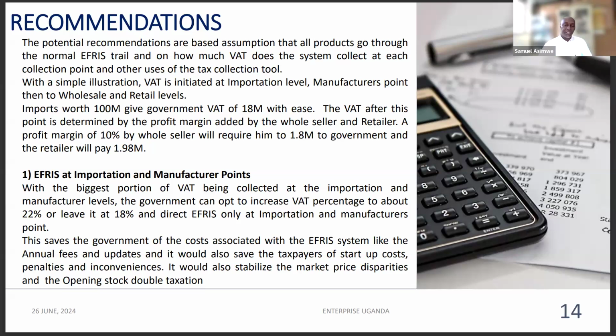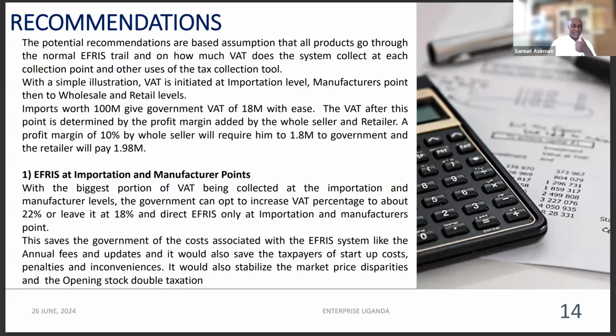The wholesaler will add a profit margin, the retailer will add a profit margin, and that is what this system is trying to filter, it's moving along the distribution chain to look for the 18% VAT. But remember, the 18 million is already paid by the manufacturer and the importer.